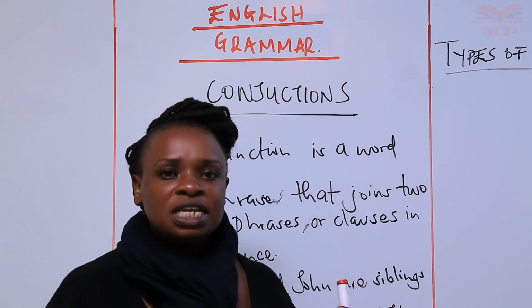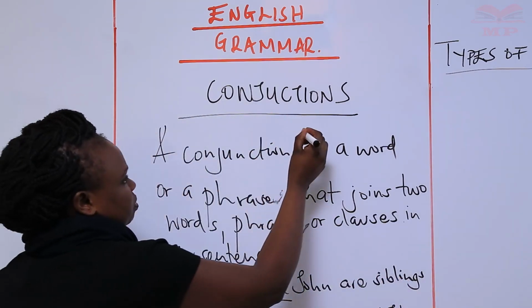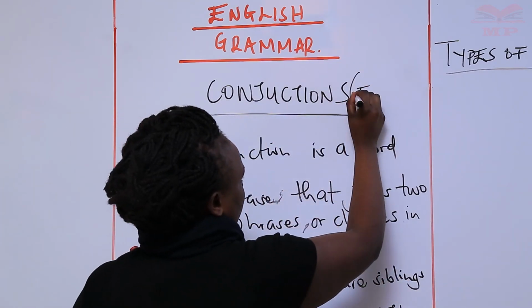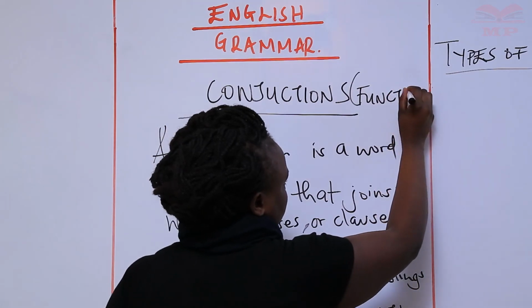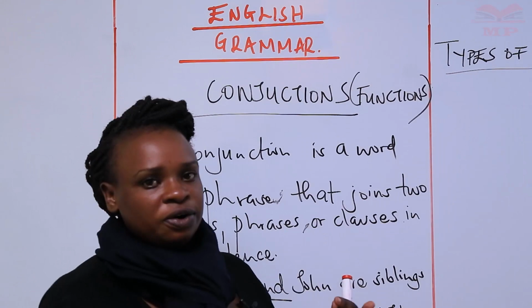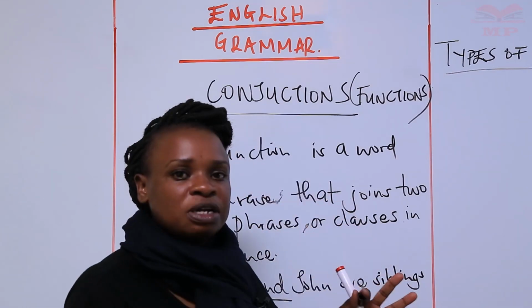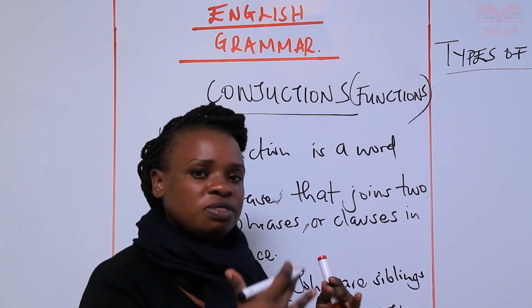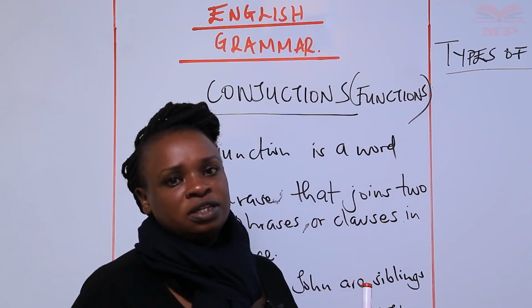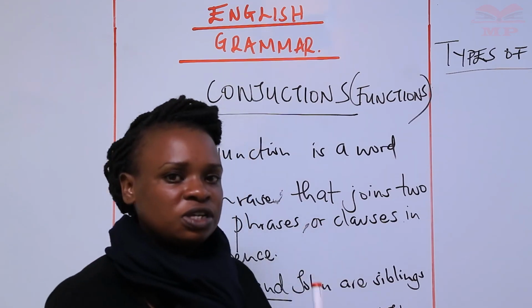So we can just put in brackets, now we are looking at functions. Okay, because I'm assuming we've already done this in Form 1. We're just looking at the function part of it, but we have to introduce the types so that you know how they function differently.